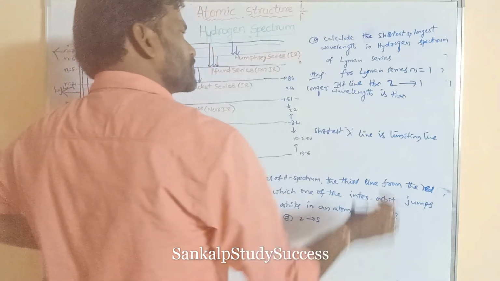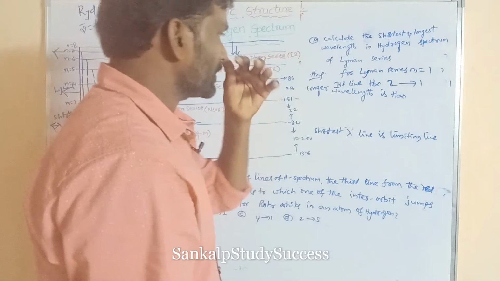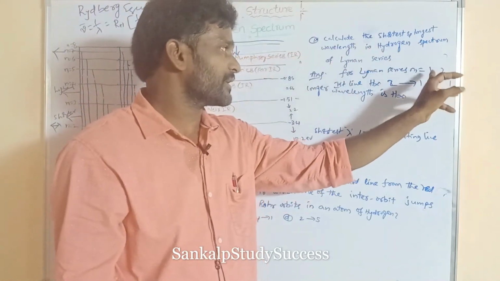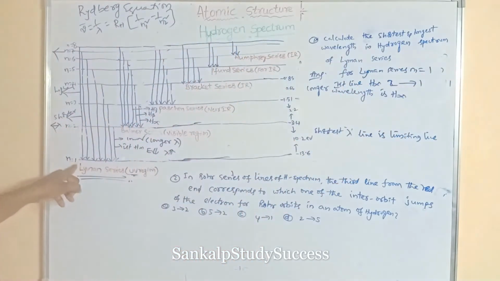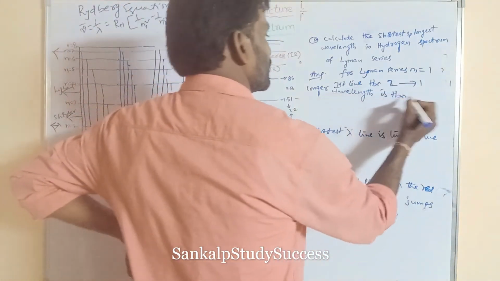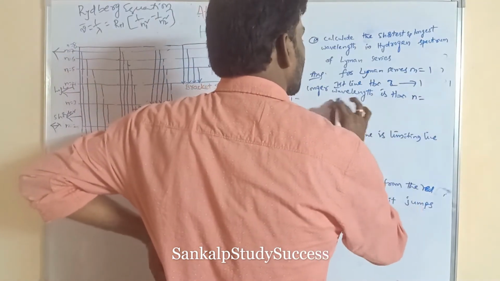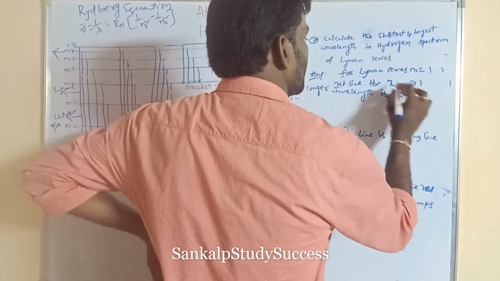Now, for the longer wavelength and the shortest wavelength, the n1 value can be taken as 1. Why? It is the Lyman series. For the Lyman series, n1 is equal to 1.